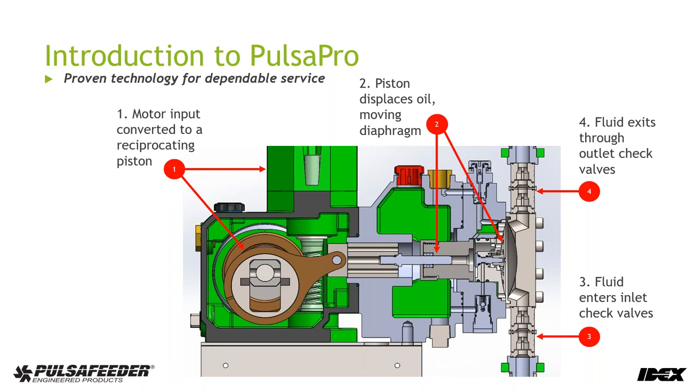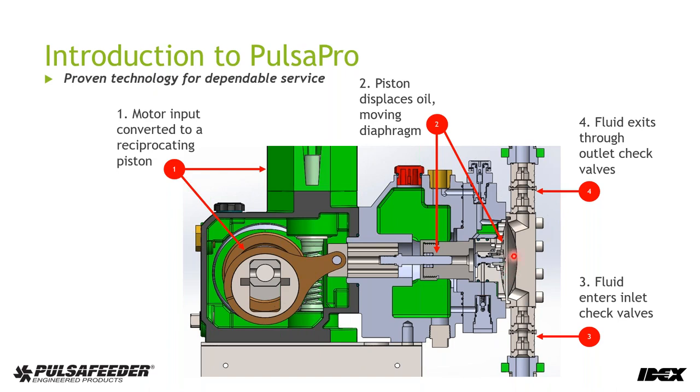We essentially take a rotating motion of a motor, it's reduced in speed, and the power is transferred to a reciprocating piston that's sitting in a bath of hydraulic oil. At that point, the diaphragm will follow the hydraulic fluid back and forth, left and right, if you will. On the suction stroke, in the left-hand direction, fluid will be drawn into the reagent head.